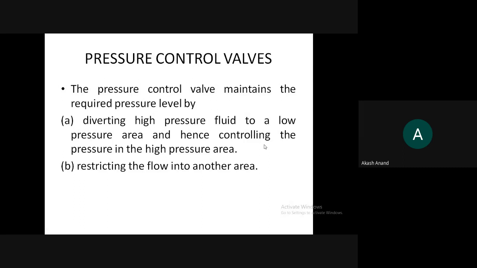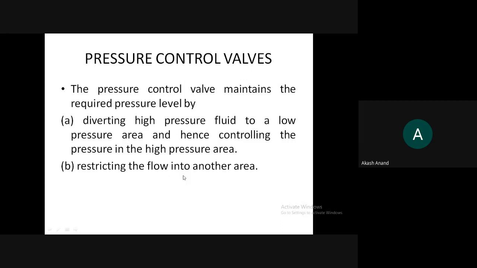Okay. Now coming on to the second point, by restricting the flow into another area. If you restrict a fluid flow, it will hit that restricting position, and thereby create a certain amount of pressure.